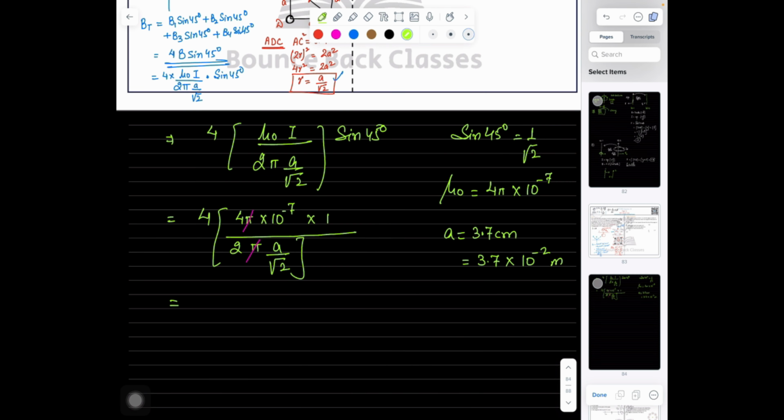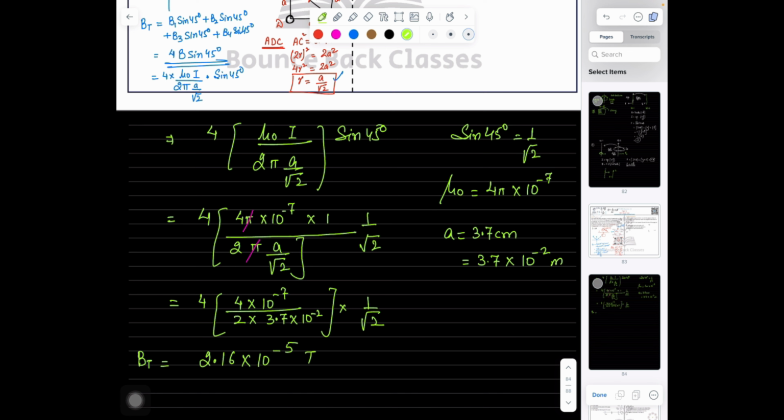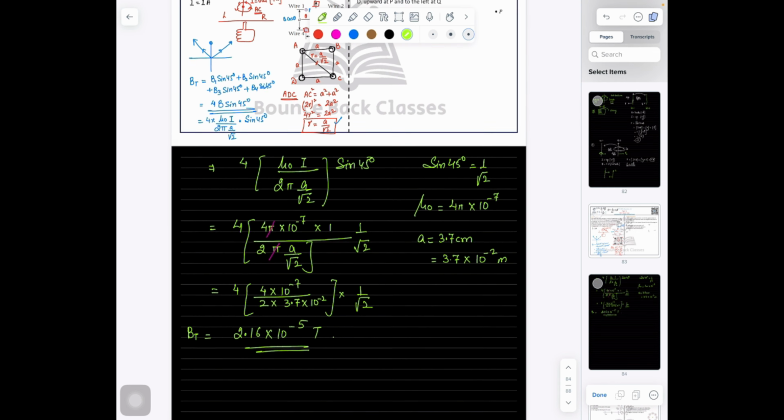Place it here. 4 times 4 pi times 10 raised to the power negative 7 divided by 2 pi times 3.7 times 10 raised to the power negative 2, and here your sine theta is 1 over root 2. So multiply 1 over root 2. Solve this. You will get the value of the total magnetic field, which is equal to 2.16 times 10 raised to the power negative 5 Tesla. Clear?